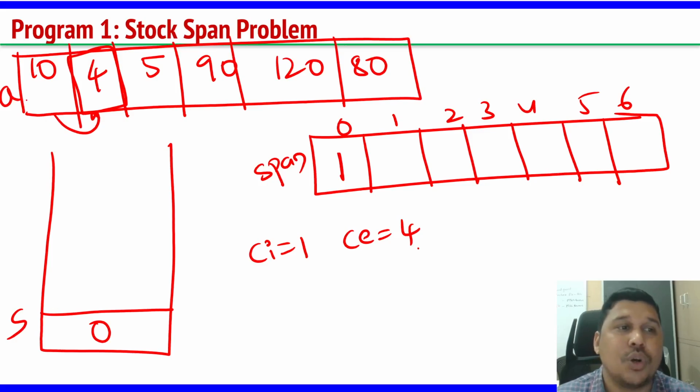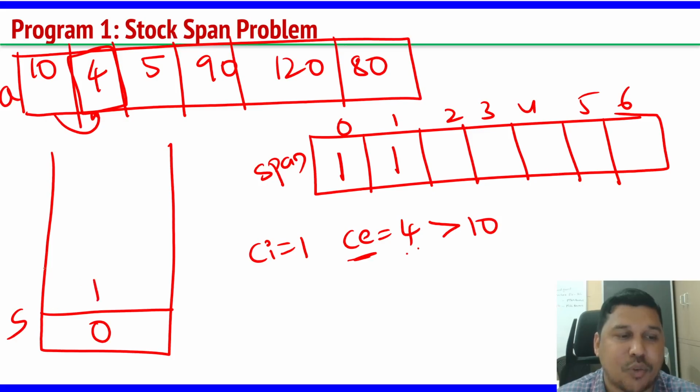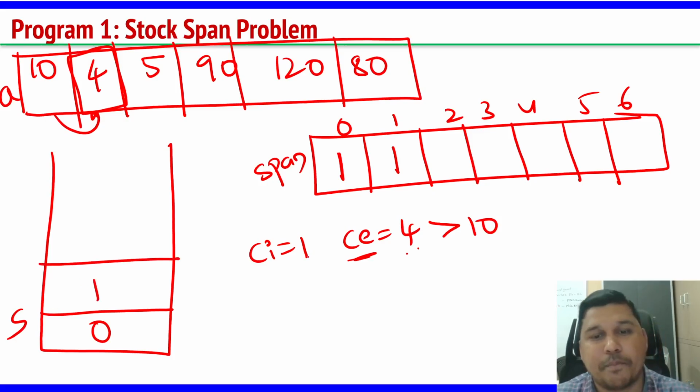What is A of 0? 10. Is 4 greater than 10? No. When it is not greater than 10, simply put 1 here. And place the index of that element, 1, onto the stack. This is over. Next iteration.